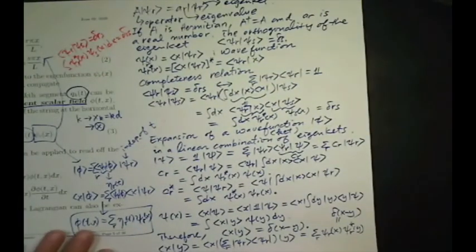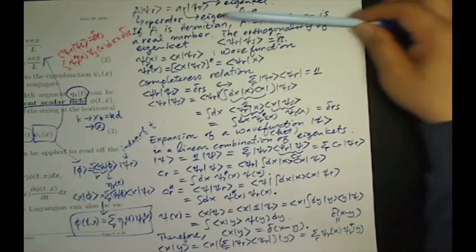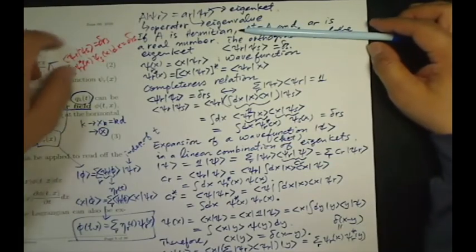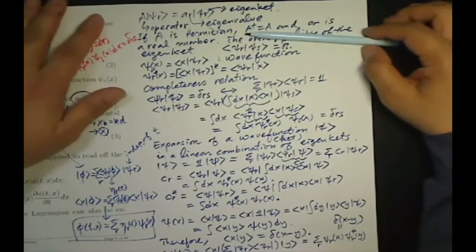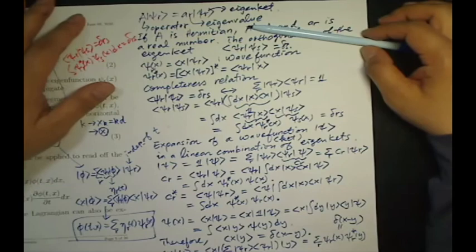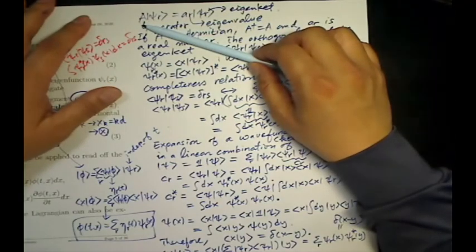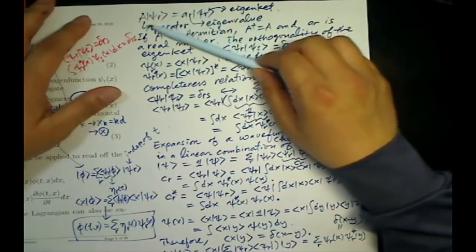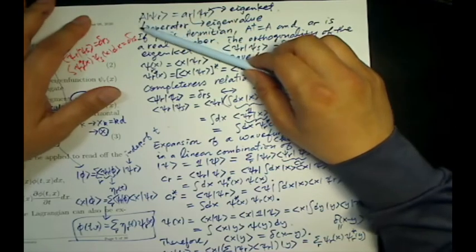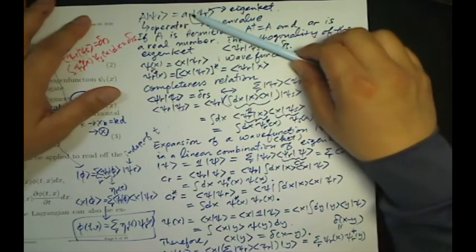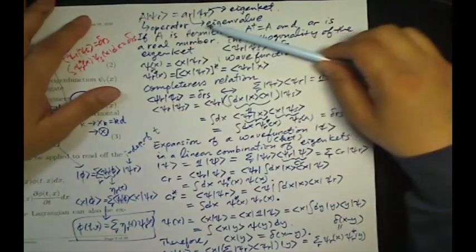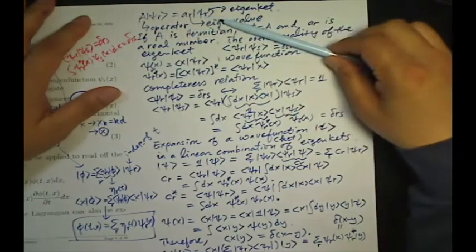So we can review the bracket notation for the Hermitian operator. For a Hermitian operator, its eigenvalues are always real, and those eigenvectors are always perpendicular.